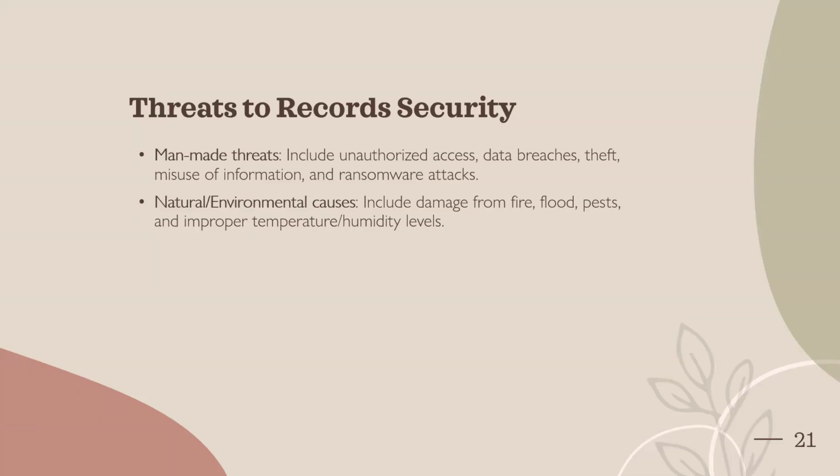Then natural environmental causes. These include damage from fire. If maybe we are using things that spark fire, your office can catch fire and burn. Maybe fire from our neighbors can come and invade our offices, and a lot of things may cause fire.